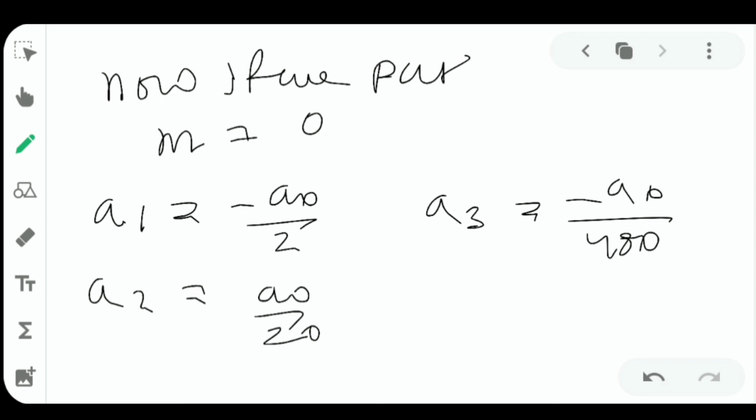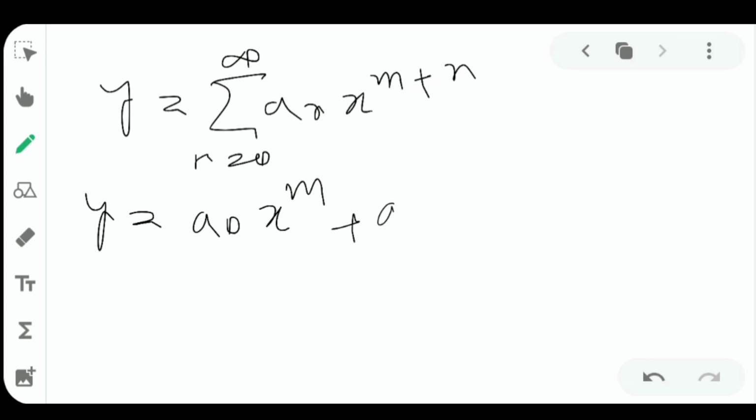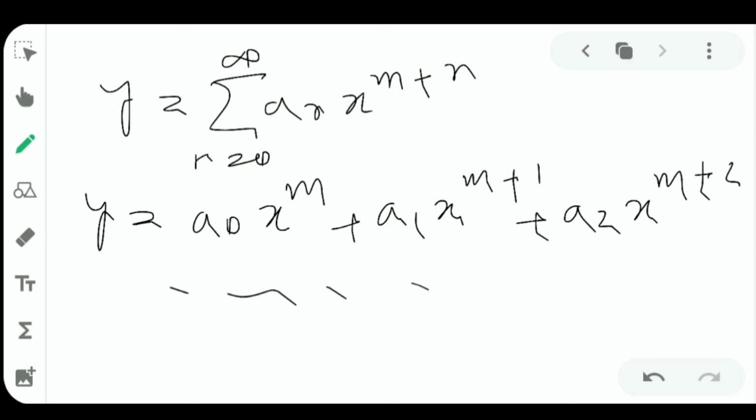So ultimately, for m equal to 0, we know that y is equal to the summation r equal to 0 to infinity of a r x to the power m plus r, and y will be equal to a0 x to the power m plus a1 x to the power m plus 1 plus a2 x to the power m plus 2, and so on.